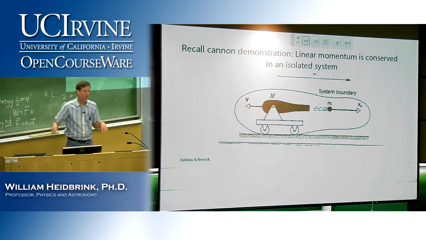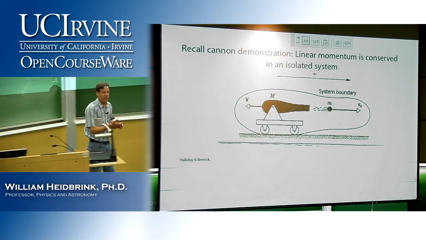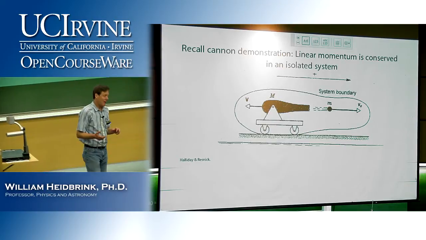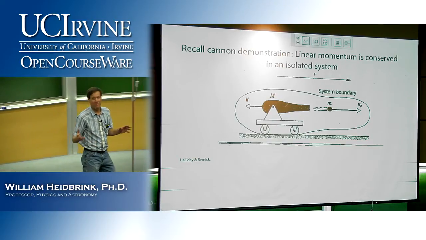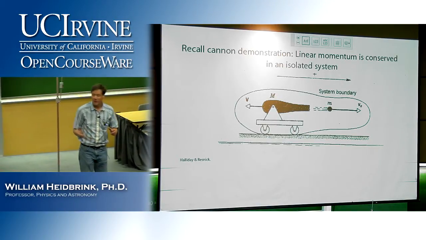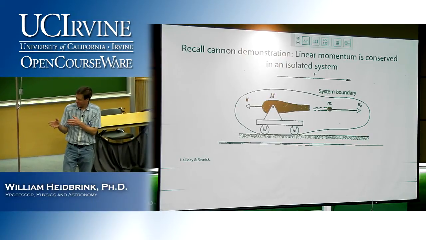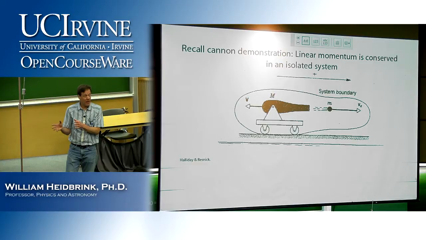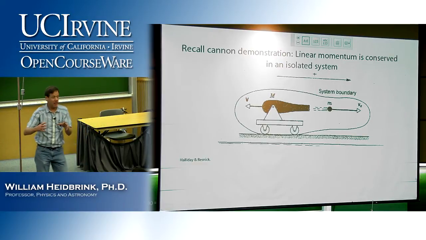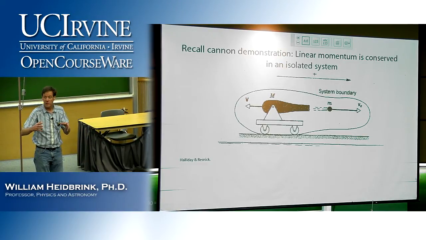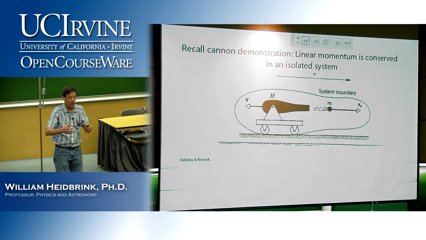And this should remind you, did Dennin fire off the liquid nitrogen cannon for you? Yes. I'm sure he had, because that's like the best demo we've got in our arsenal. Pun intended, I guess. So the idea behind that is that's an isolated system. There's no external forces. It has no momentum initially.